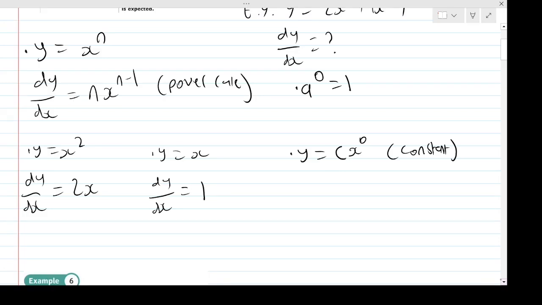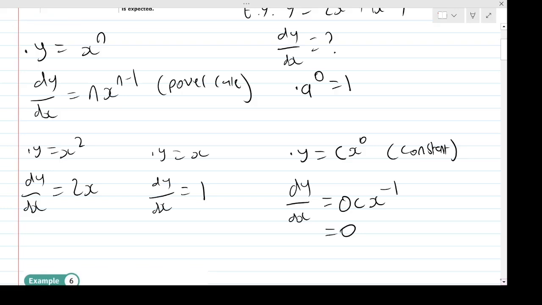Then we can use the power rule. So dy dx is going to bring the power to the front, the 0, so it's 0c times x, and then we knock 1 off the power, 0 minus 1. But none of that really matters, because what we've done is multiplied everything by 0, because we brought the 0 to the front. That just goes to 0 overall.